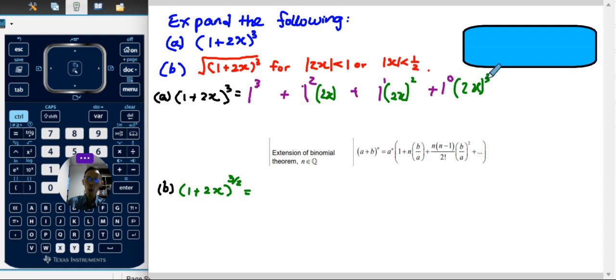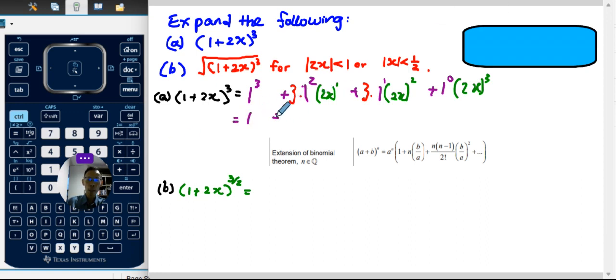And notice the sum of the indices must add up to 3, all of them. And then now I put in the coefficients: 1, 3, 3, 1.